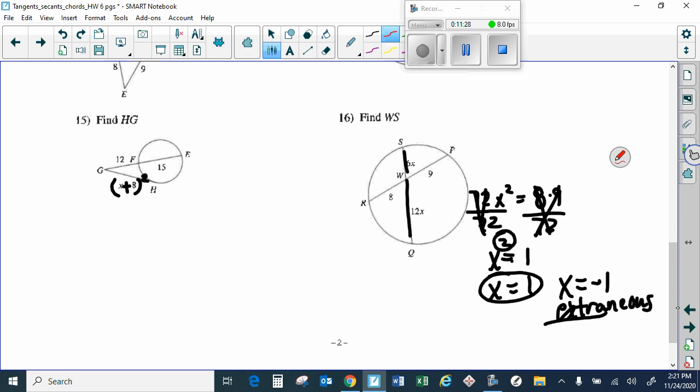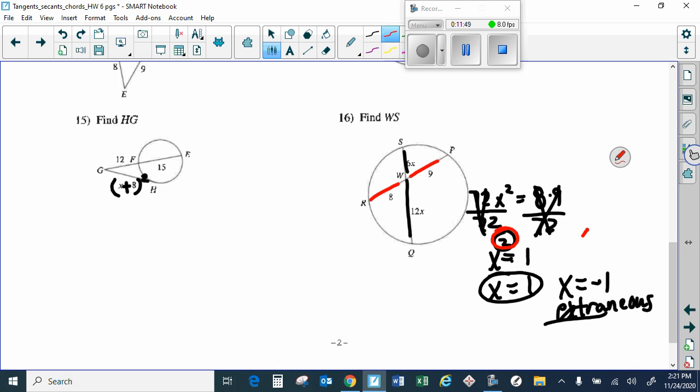I did one here, 16, where I'm dealing with a quadratic, because when I take these two pieces, 6x times 12x, that gives me 72x squared, and then 8 times 9 is 72. Divided by 72 on both sides, I get x squared equals 1. Remember, a quadratic tells me I have two answers.